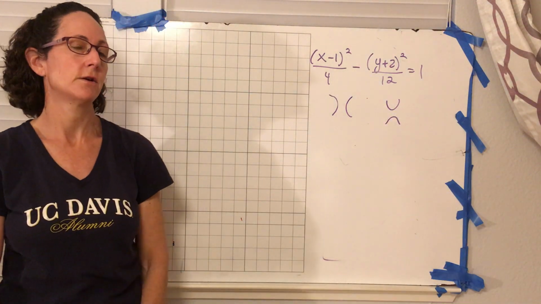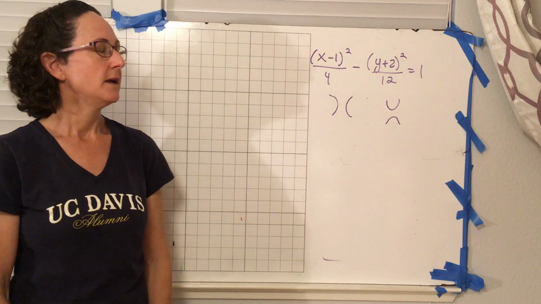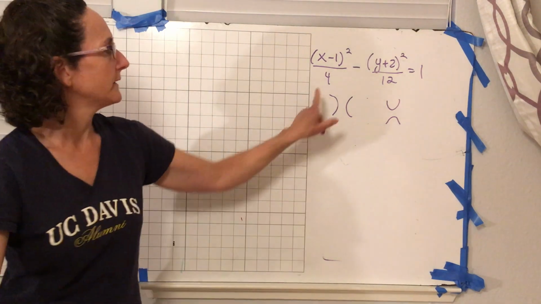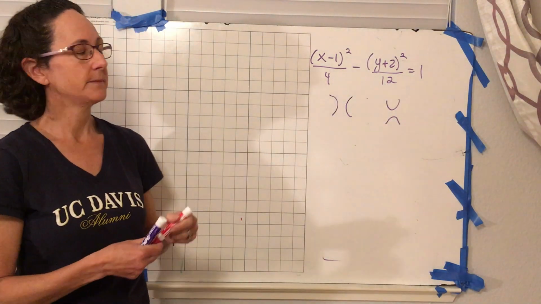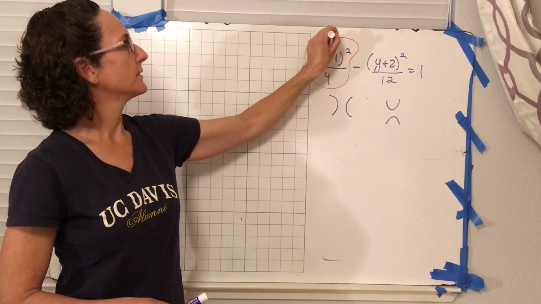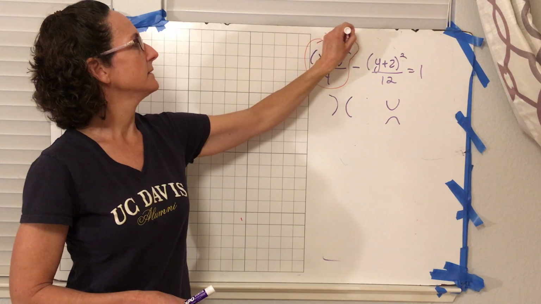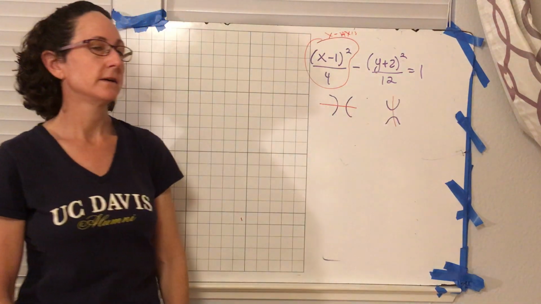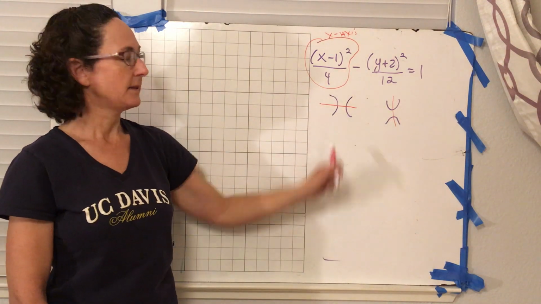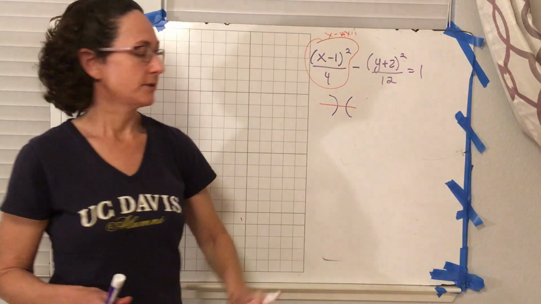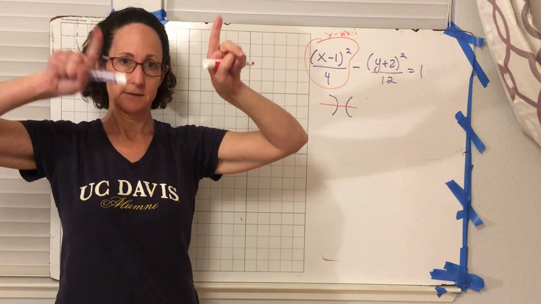That's the first thing you should always ask yourself. So if you look at the problem, don't look at these numbers. It doesn't matter which one's bigger. This is what you're looking at. This means that the vertices are parallel to the x-axis. So if you drew this, which one would be parallel to the x-axis? It would be this one. So our hyperbola goes sideways like this.